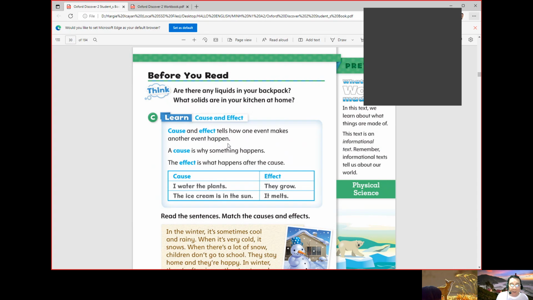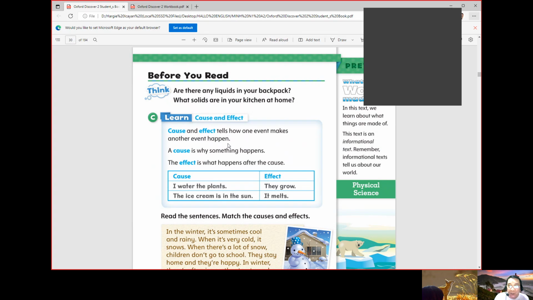Let's say you were able to plant a tree in your backyard. And then what would be the effect if you water that plant every day?